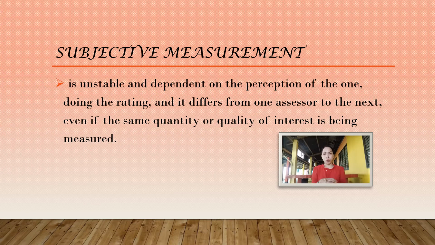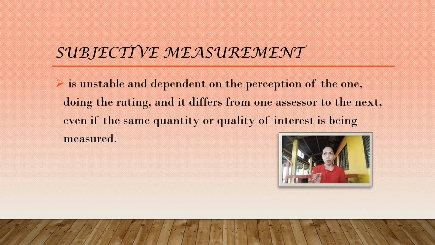While subjective measurement is unstable and dependent on the perception of the person doing the rating, and it differs from one assessor to the next, even if the same quantity or quality of interest is being measured.